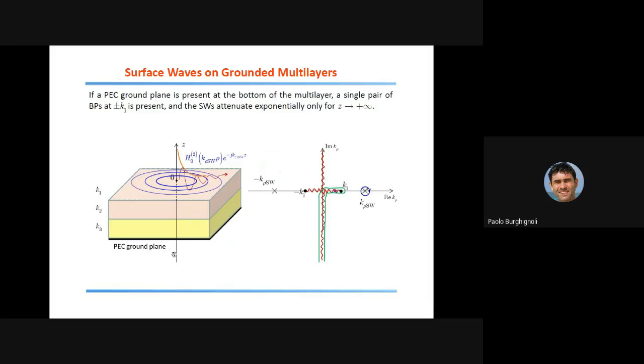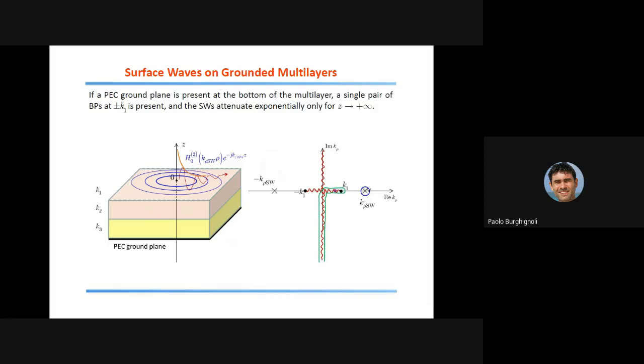Now, since the vertical wave numbers, kz1, kz2, etc., are defined by square roots, it is possible that those square roots introduce branch points. For the intermediate layers, having finite thickness, however, those square roots do not introduce branch points because, for example, you would find them as the argument of functions that are even, like the trigonometric cosine function.